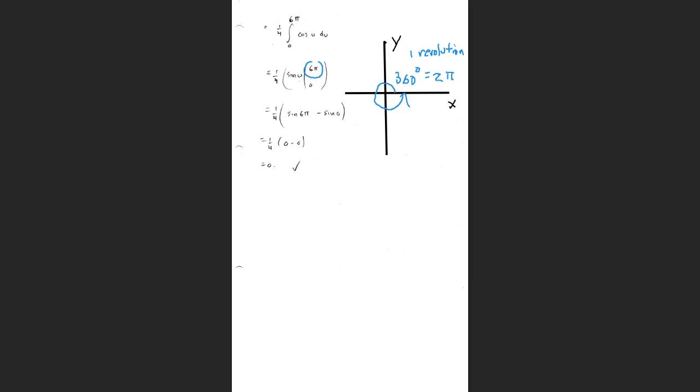And the sine of 6 pi would therefore be equal to the sine of 0, right? And we know the sine of 0 is 0. So look at this. We did all this work and we got 0. How about that?